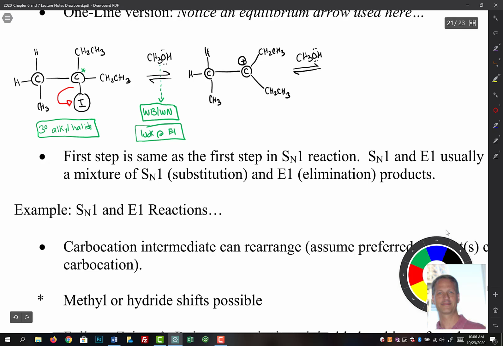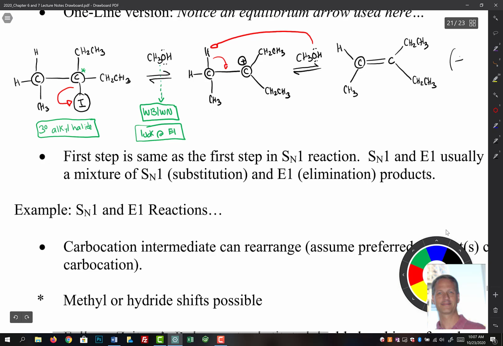So we're going to swing around and grab one of those H's, and that'll give us our alkene here. The alkene that we're going to get in this case has your H, your carbon, your CH3, your double bond, and then here are your two ethyls: CH2, CH3, and another CH2, CH3.